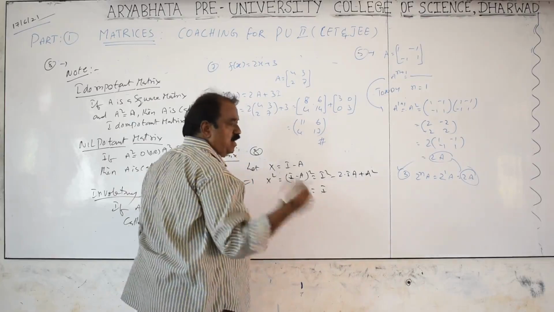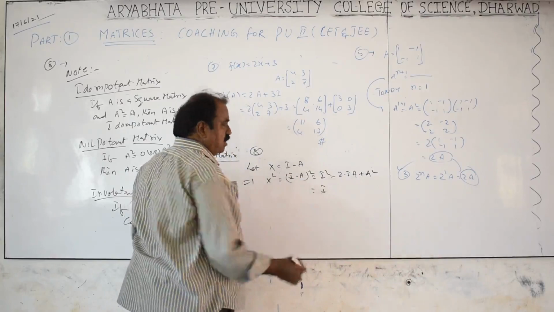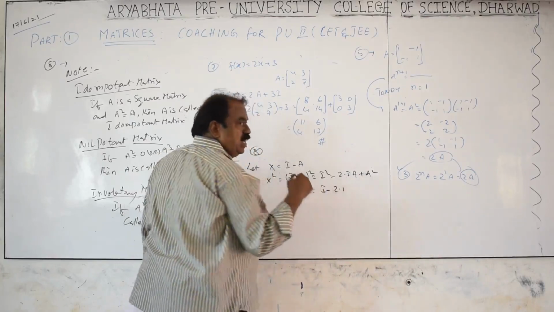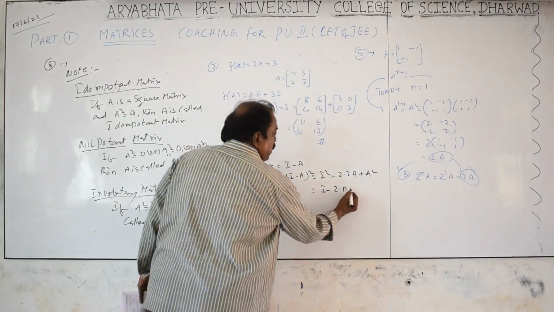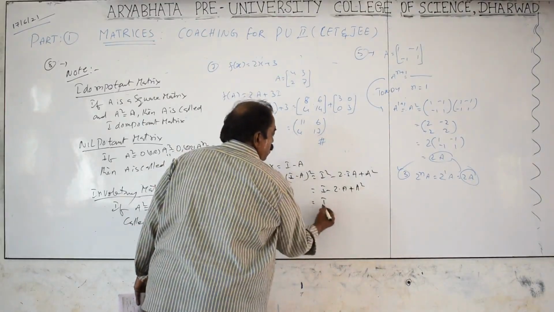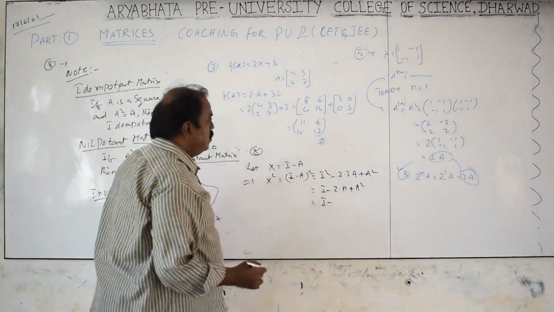The square of identity matrix is itself only, I square is I. Minus 2 into I into any matrix is that matrix A, plus A square.